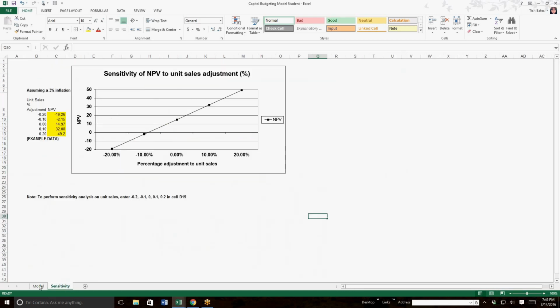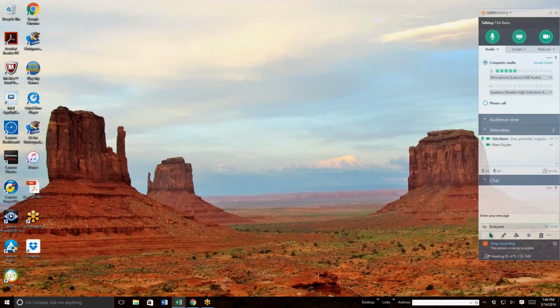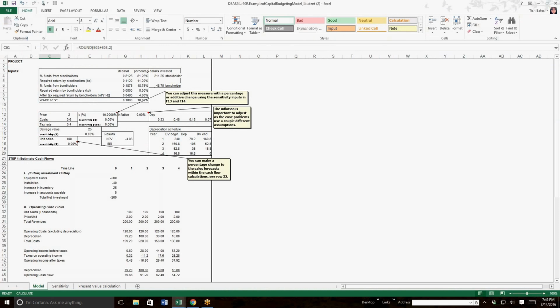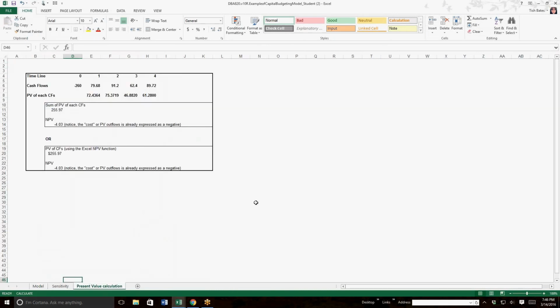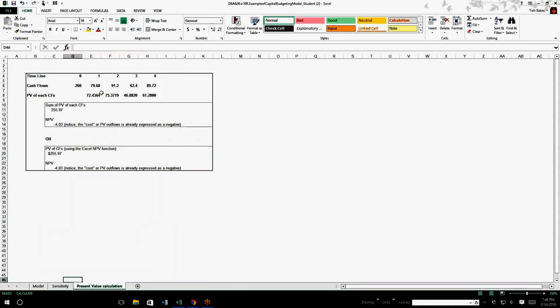I don't know if she wants us to do this other sensitivity analysis. It says perform 2 types of sensitivity analysis. I'm not sure. If she wants us to do this present value calculation, I'm not sure. I mean, it tells you again where everything's coming from, so it should be pretty easy to take this and plug it in.